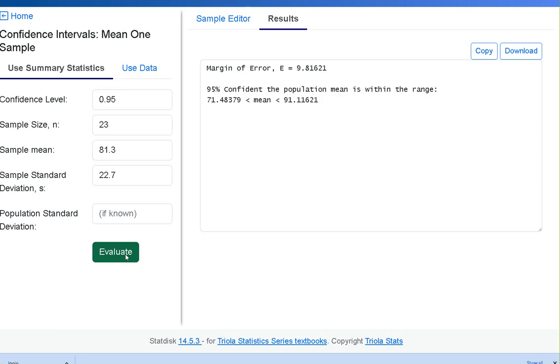And evaluate. Nice. So our confidence interval is between 71.5 to 91.1. I'm rounding it to a more sane tenth because I don't think we really need to keep track of things down to a 100,000th of a minute.